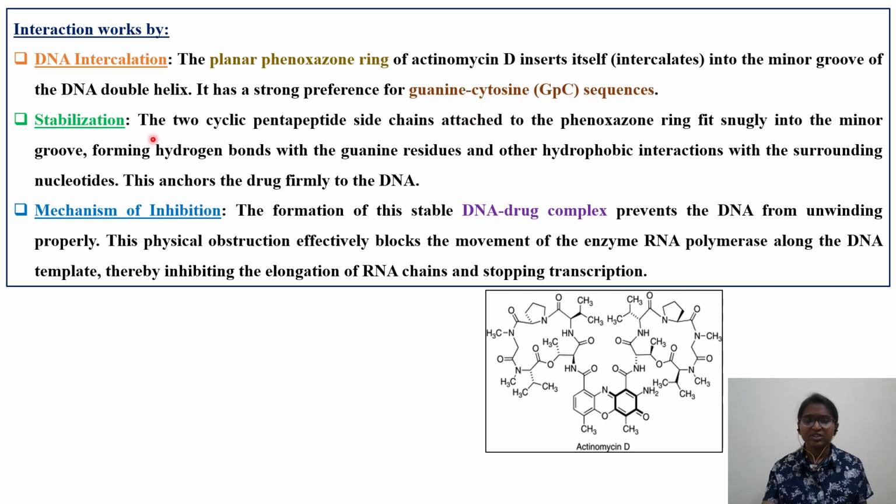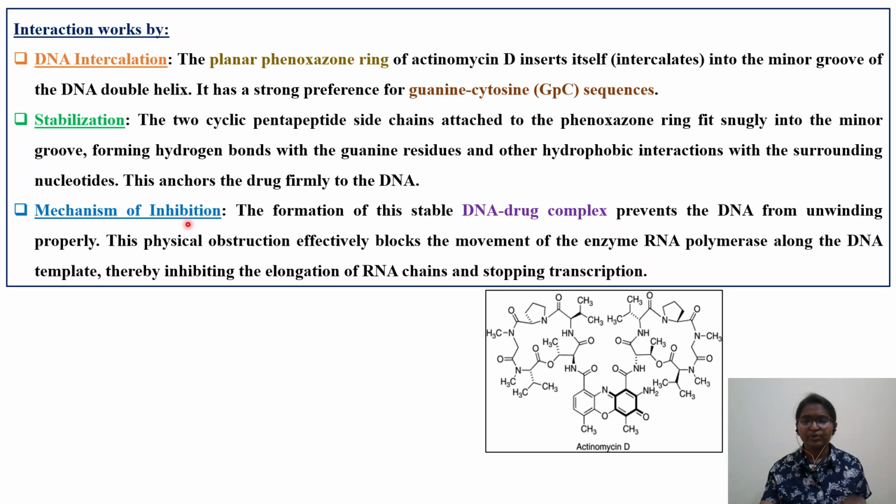Then coming to stabilization, the two cyclic pentapeptide side chains attached to this phenoxazone ring will fit snugly into the minor groove of the DNA helix, forming hydrogen bonds with the guanine residues and other hydrophobic interactions with the surrounding nucleotides. This will anchor the drug firmly into the DNA.